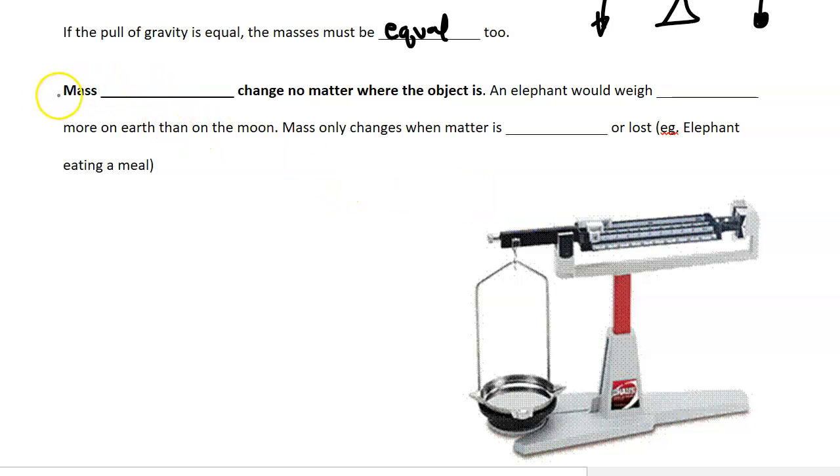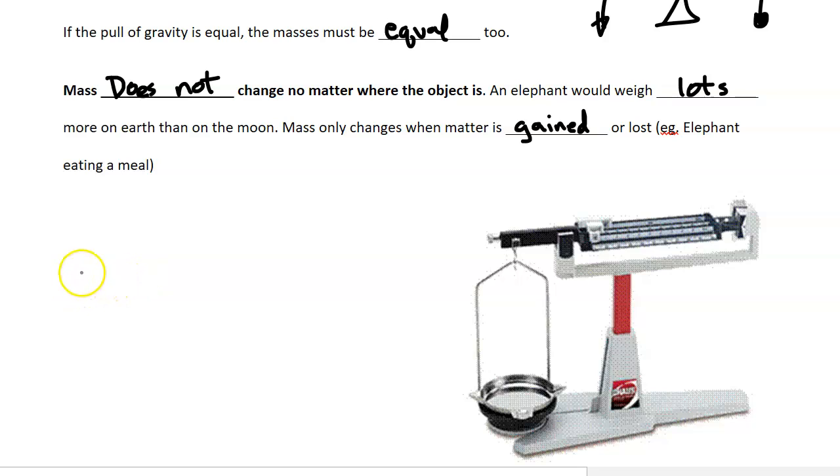But the key thing with mass is that it does not change no matter where the object is. An elephant would weigh lots more on Earth than on the moon. But the mass only changes when matter is either gained or lost.